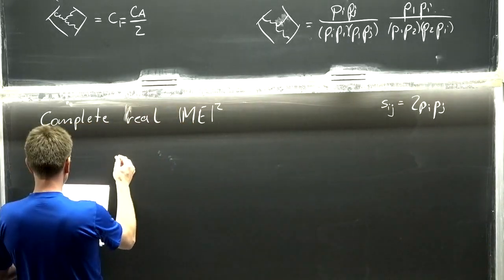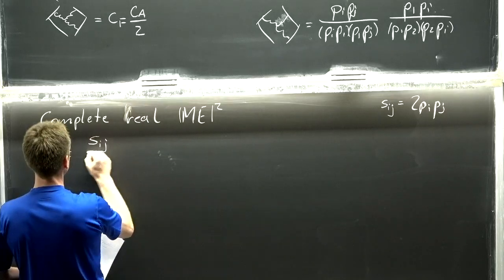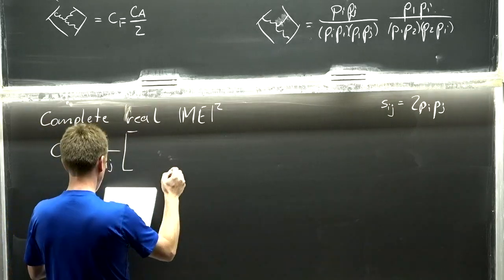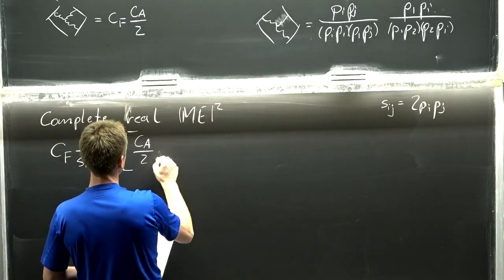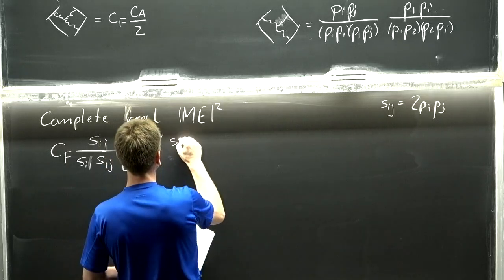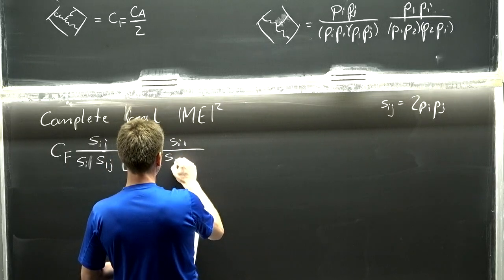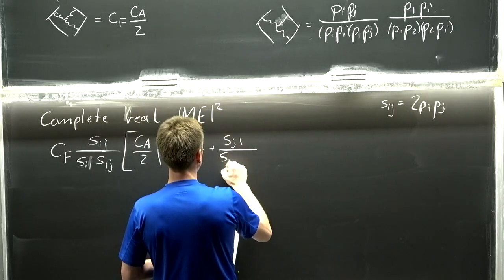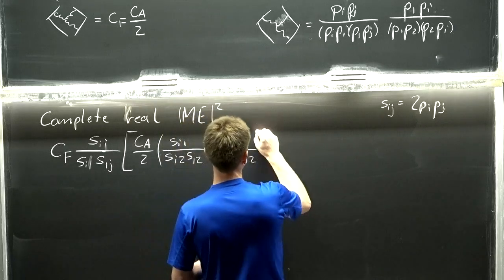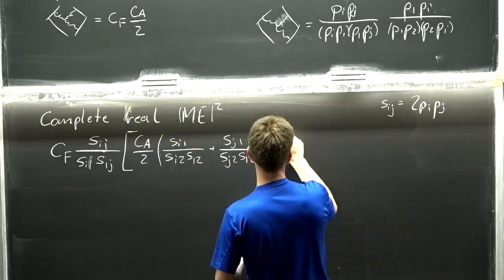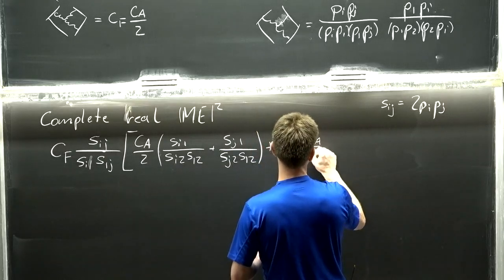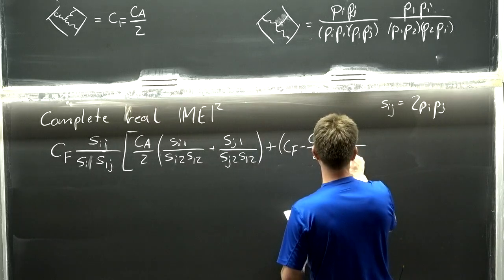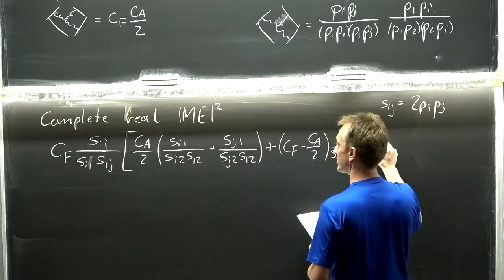Okay, so just to abbreviate this a little bit, this will be S_ij over S_i1 S_1j, and then C_A over 2 with the genuinely non-abelian structures S_i1 over S_i2 S_12 plus S_j1 over S_j2 S_12, plus C_F minus C_A over 2 S_ij over S_i2 S_j2.